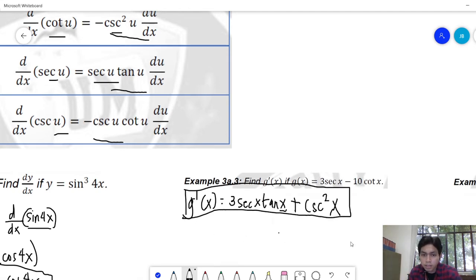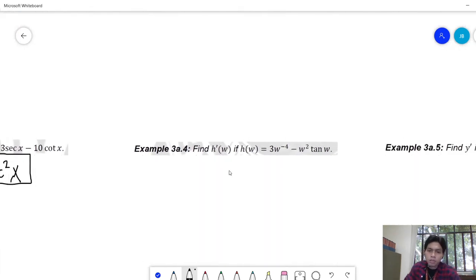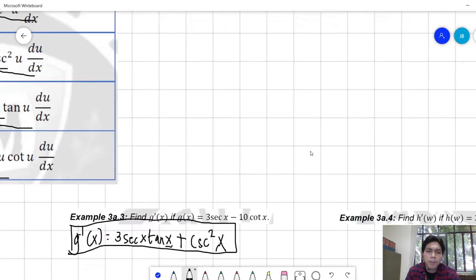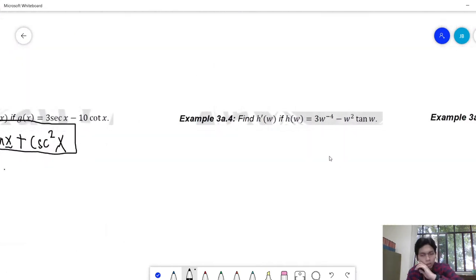Okay? Next. The derivative of tan is secant squared. So h prime of w equals negative 12 w to the negative 5, minus 5.